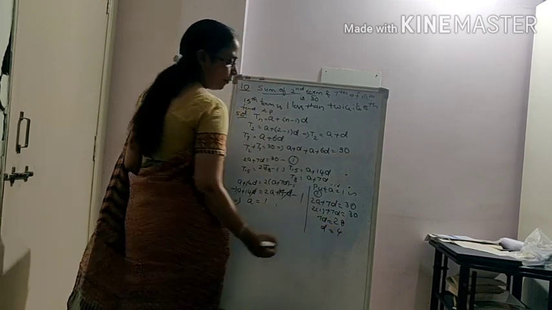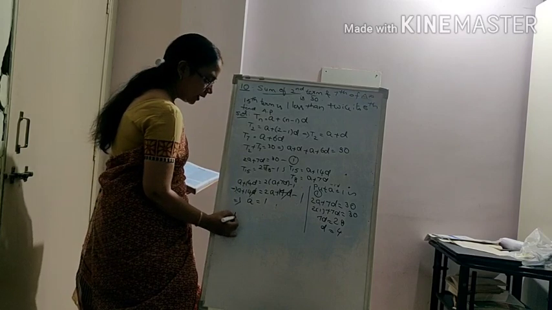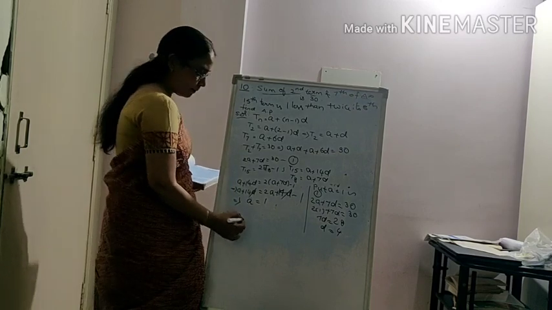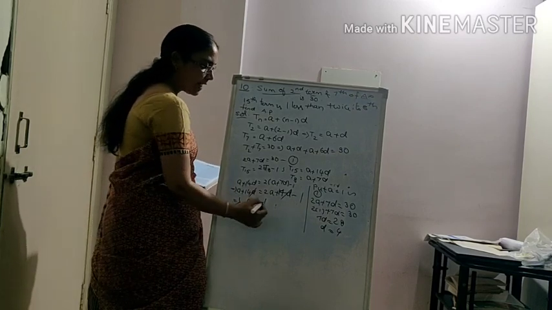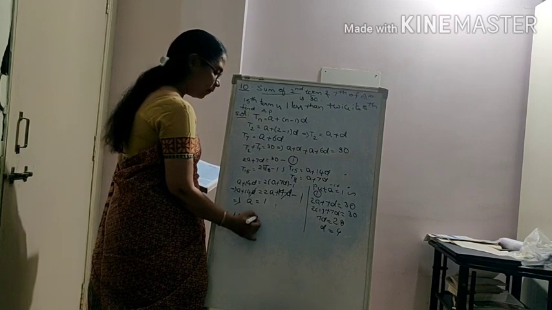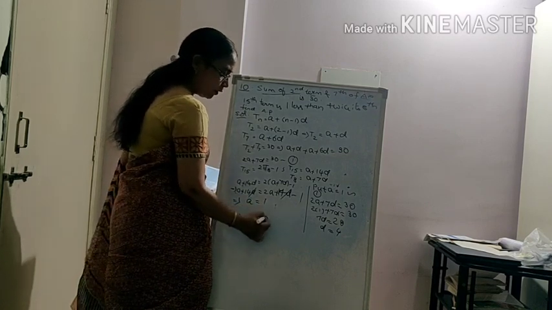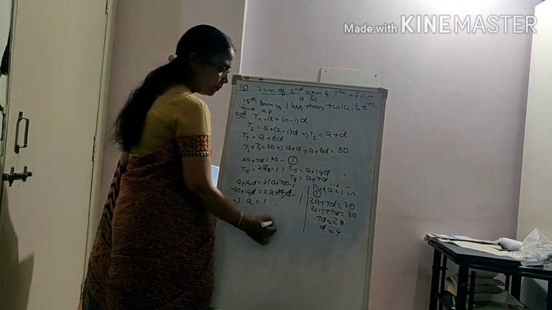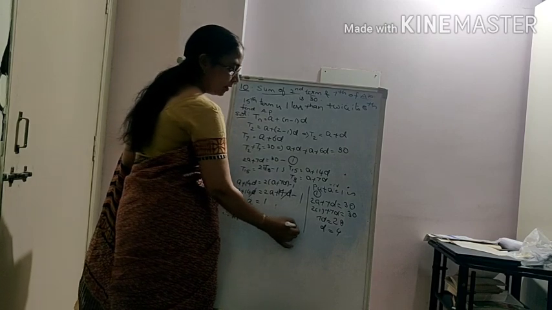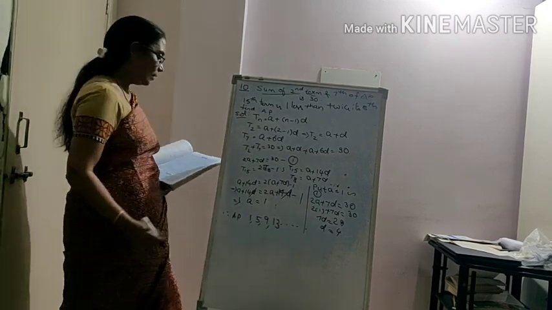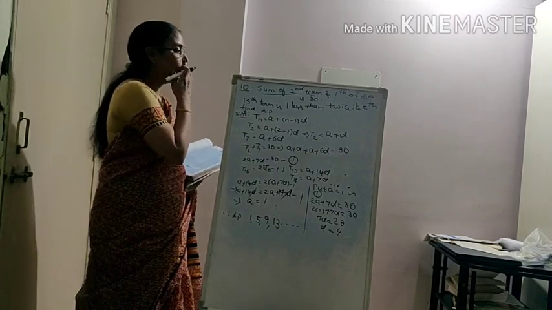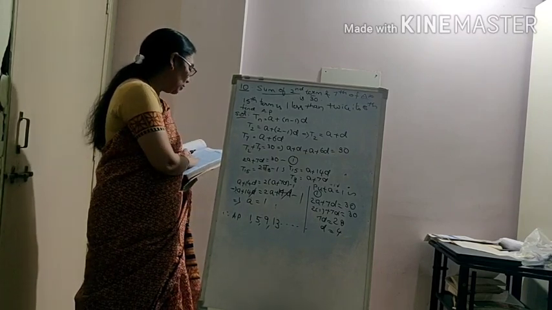D is 4. Therefore, the arithmetic progression will become 1. Next time you will add 4, so it will become 5. Next time you will add 4, it will become 9. Next time we will add 4, 13 and so on. This is the arithmetic progression which he has asked in the question.